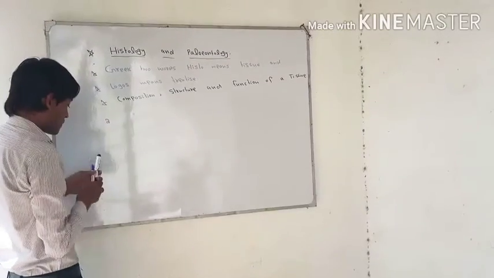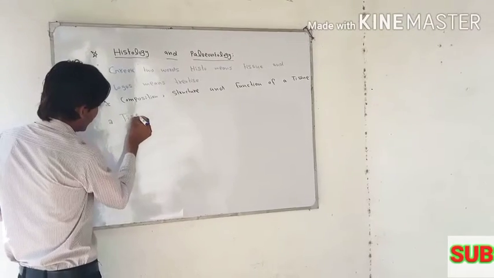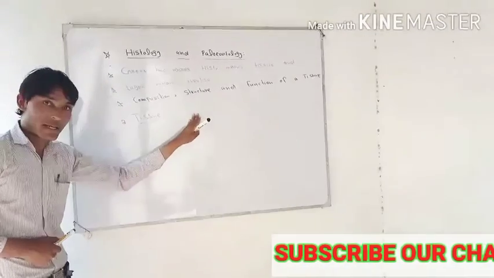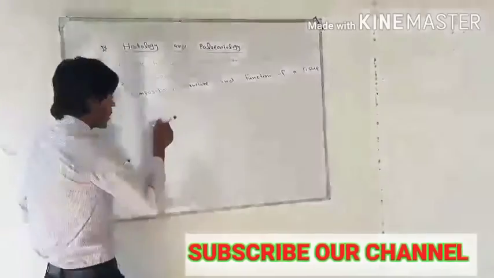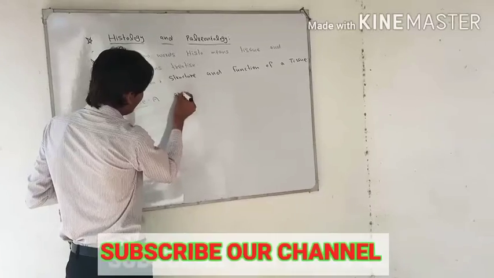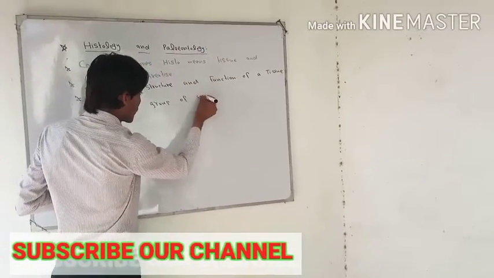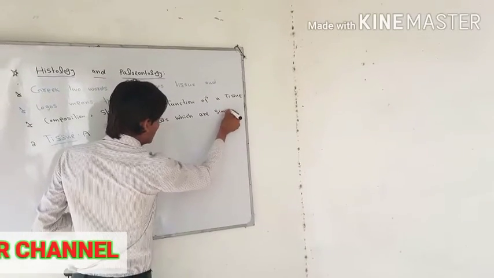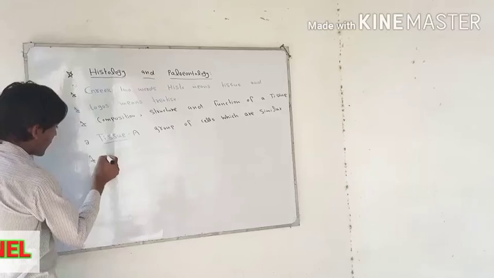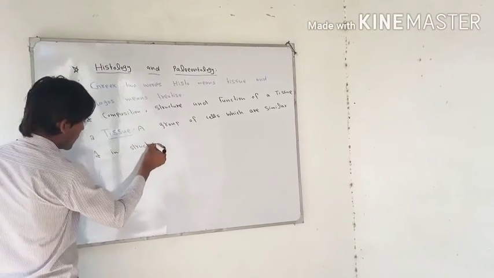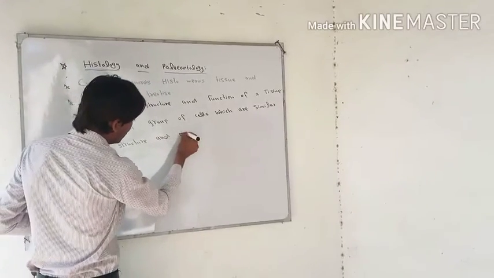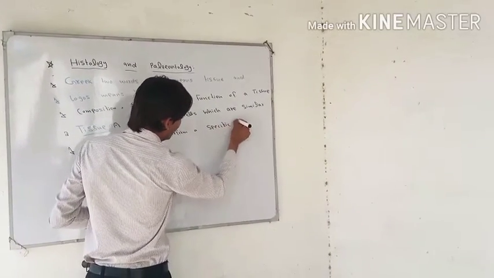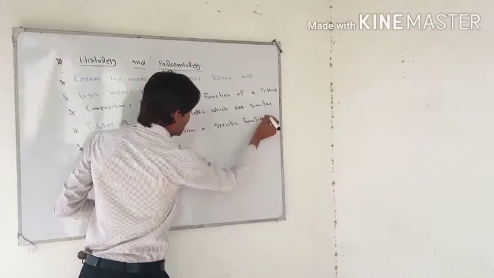Now, what is tissue? We can define tissue: a group of cells which are similar in structure and perform a specific function is called tissue.